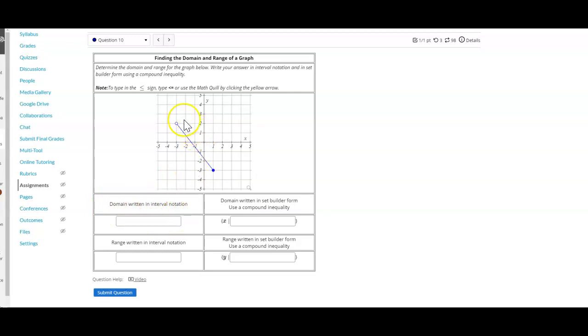Remember with interval notation, for the domain we're always looking at the graph from smallest to biggest, so from left to right. Furthest to the left is -3, but it doesn't include -3.